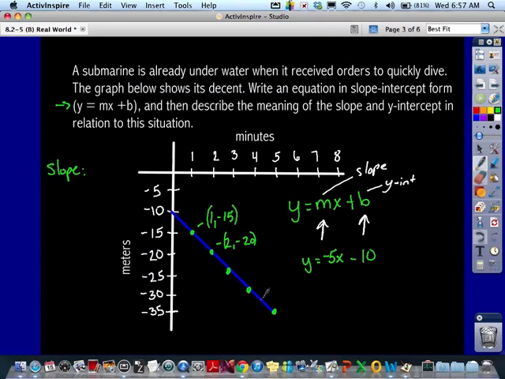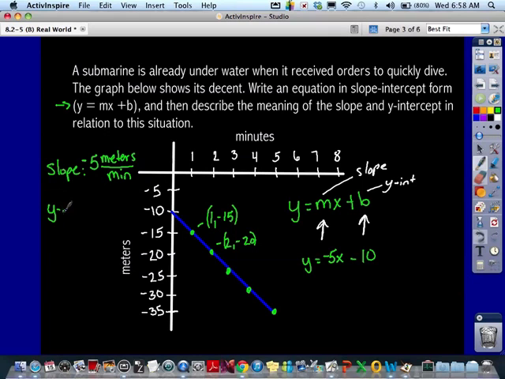How this line's going down, essentially, is negative 5, that must mean that this submarine is descending at a rate of 5 meters per minute. Because every time it goes down 5 meters, it took a minute to do it. So after 1 minute, we went down from negative 10 to negative 15. After 2 minutes, we went from negative 15 to negative 20. So every minute, we're going down another 5 meters. So our slope is a negative 5 meters per minute. Negative meaning we're going down.